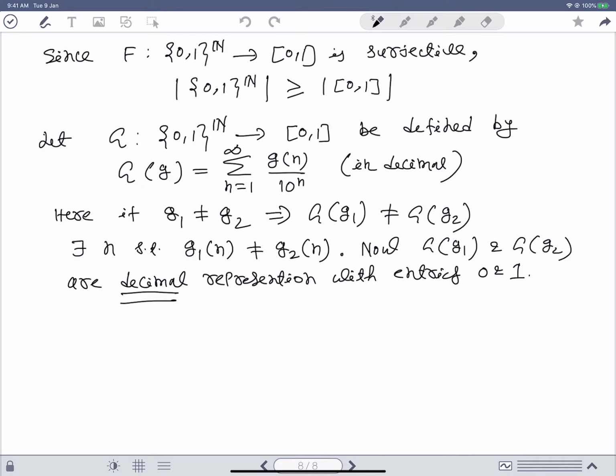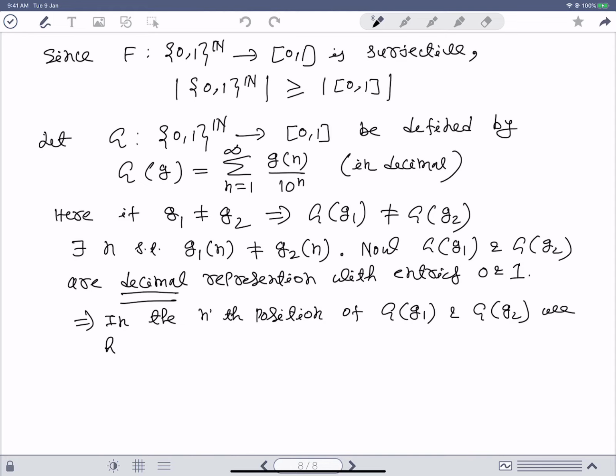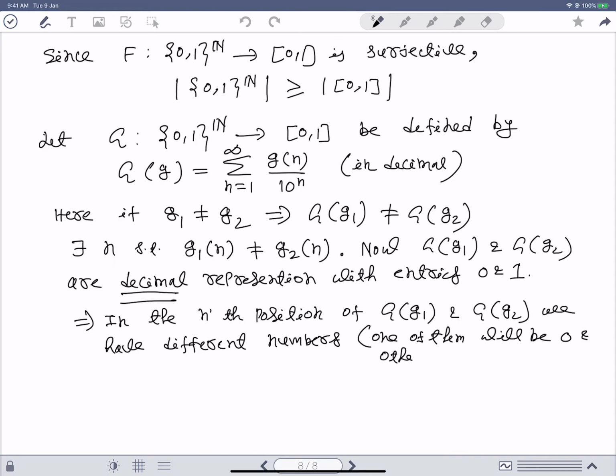Since g1(n) is not equal to g2(n), in the nth position of g(g1) and g(g2) we have different numbers, that is, one of them will be 0 and the other one will be 1, right?